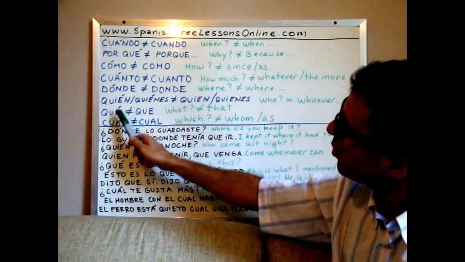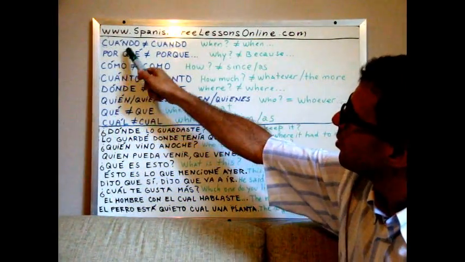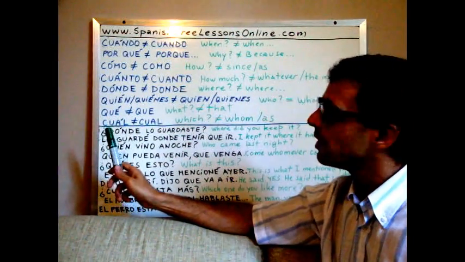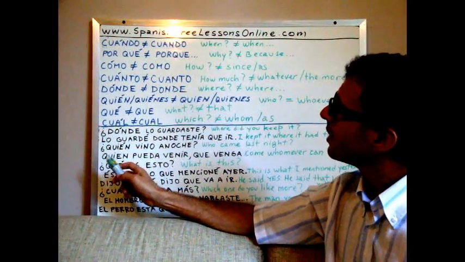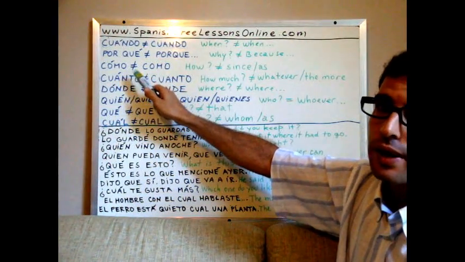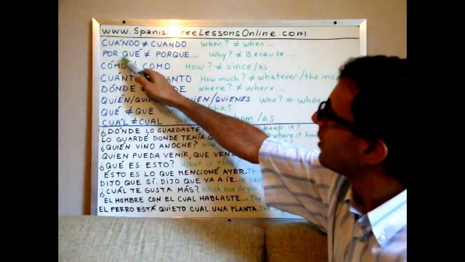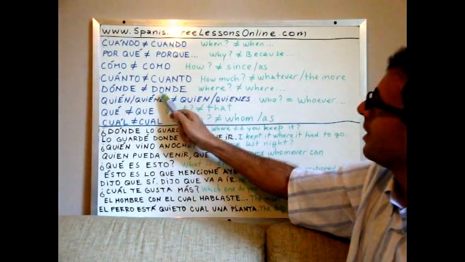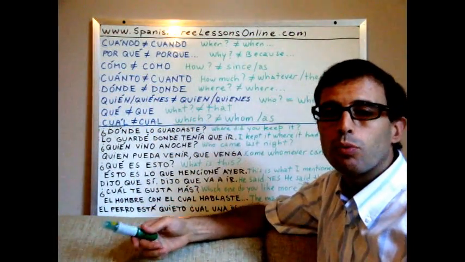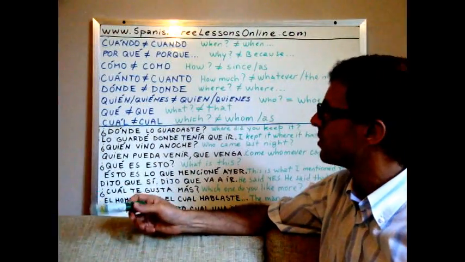So these question words, what we usually know as the W words in English, we can write them down the same without the tilde, and the meaning changes. The places where we use these words change.